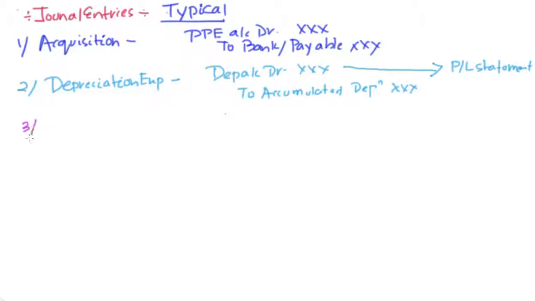Now let's look at the third one, the journal entry related to revaluation. The first thing we will discuss is the initial revaluation. I will jot down the detailed journal entries rather than in a summarized way.